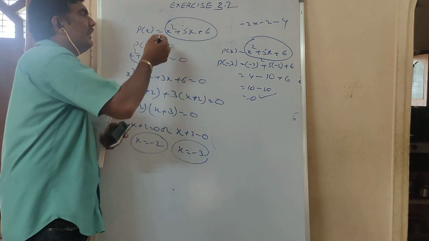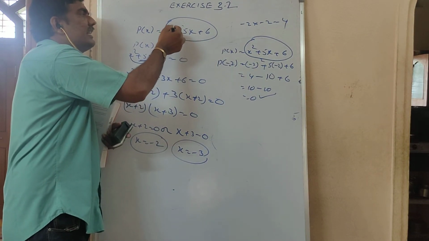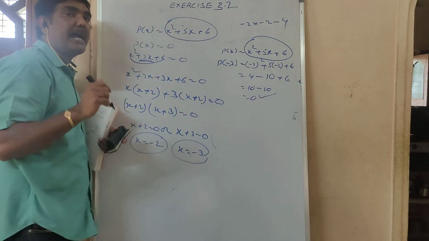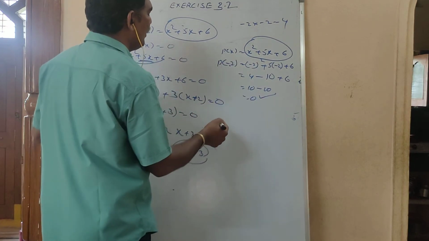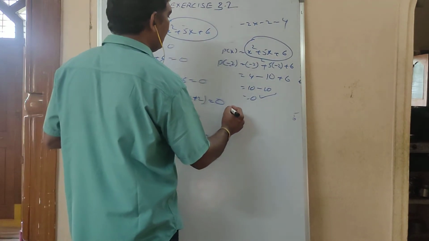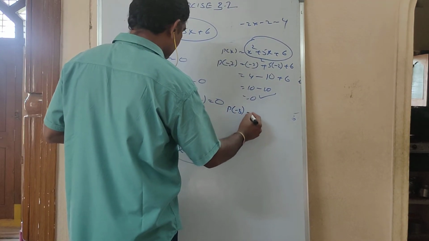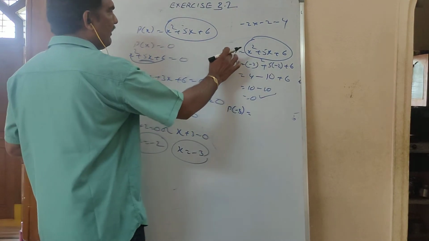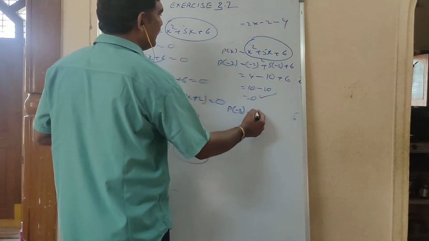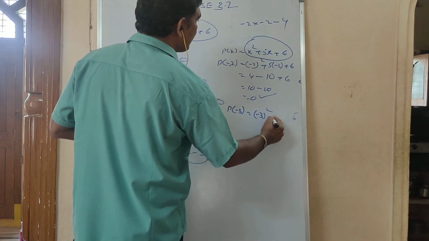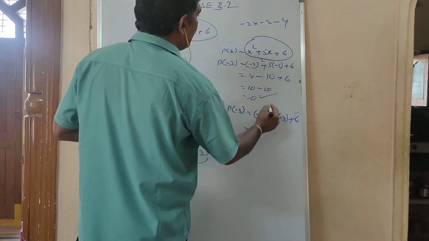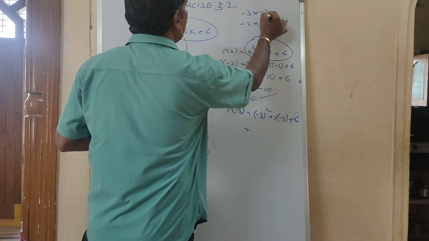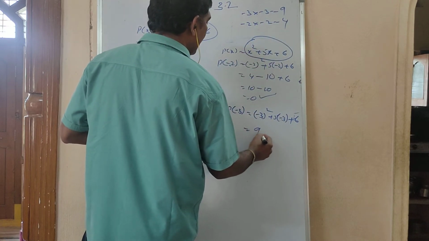I said already, if it is a quadratic, its degree is 2, you will have a maximum of 2 zeros of the polynomial. It is 1 zero of the polynomial. What is the other zero of the polynomial? In place of x, write minus 3. Wherever x is there, write minus 3. So I am getting minus 3 whole square, plus 5 into minus 3, plus 6. Minus 3 whole square, minus 3 into minus 3, 3 threes are 9.